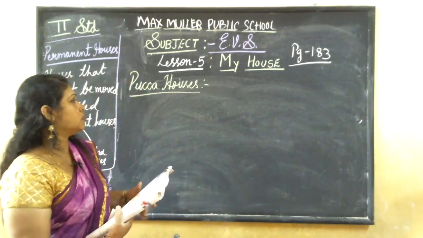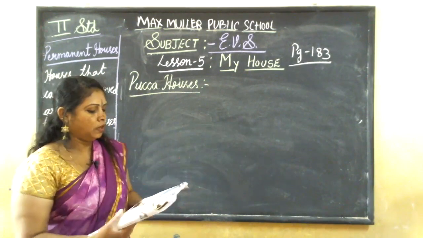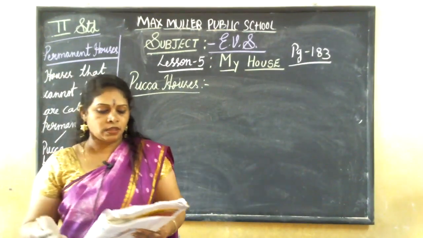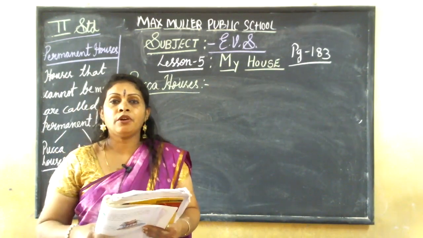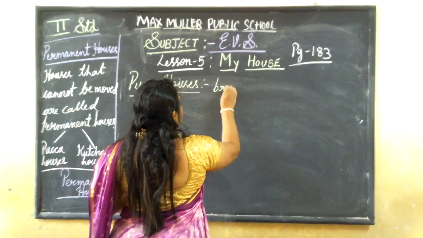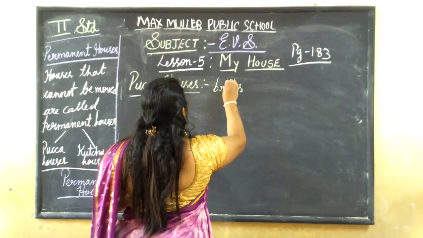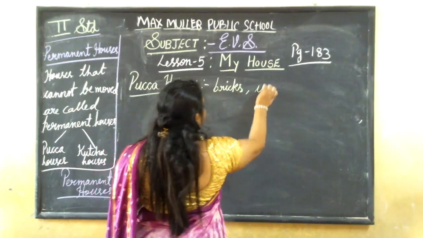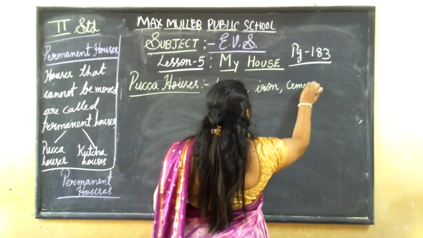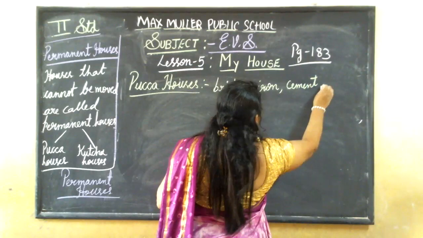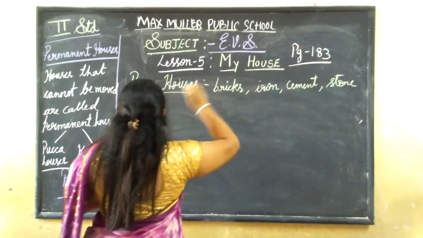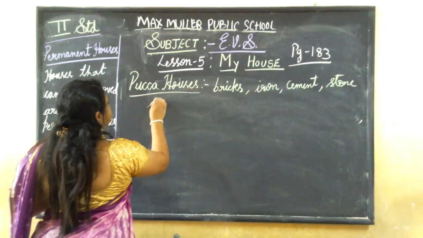Now, Pucca houses. What are Pucca houses? In towns and cities, that is, in cities, you can see houses are made of bricks, iron, cement, stone, and wood.